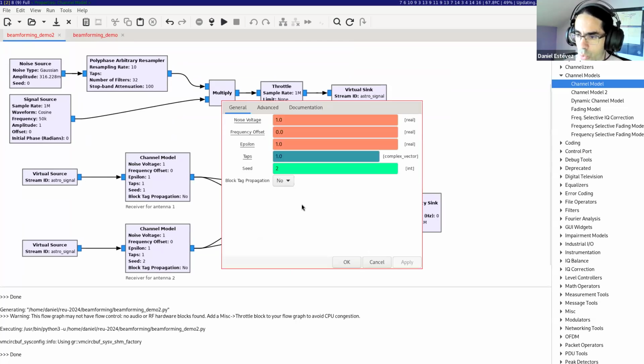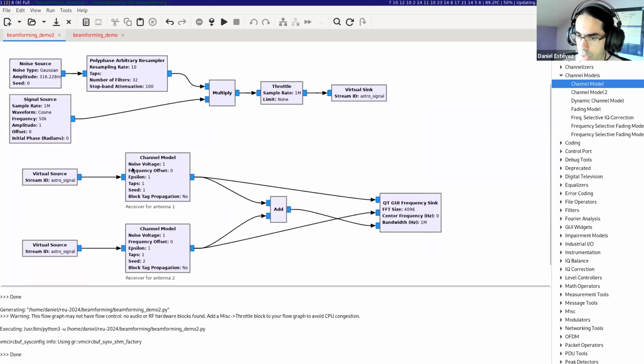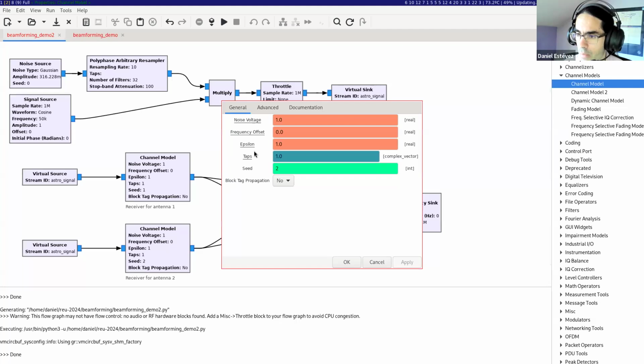But then antenna 2 might receive slightly more or slightly less. And the reason for that is because if the delay is changing, then the time that it takes the signal to reach from the transmitter to the receiver will keep changing over time. So what is 1 second worth of signal for receiver 1 might be slightly more or slightly less for receiver 2. And how that changes is controlled by this epsilon.